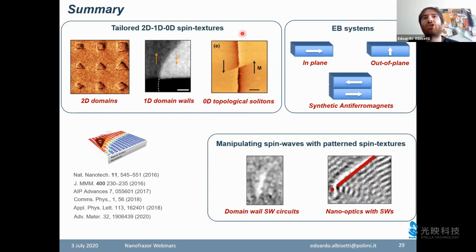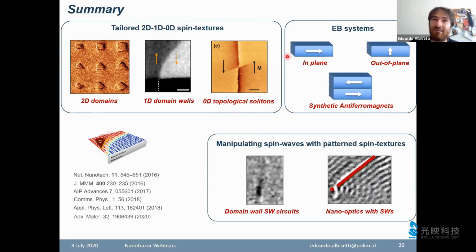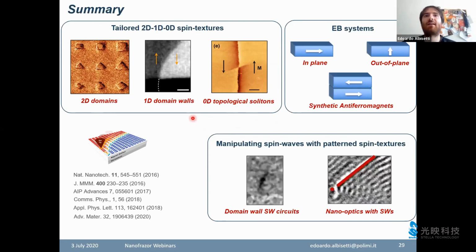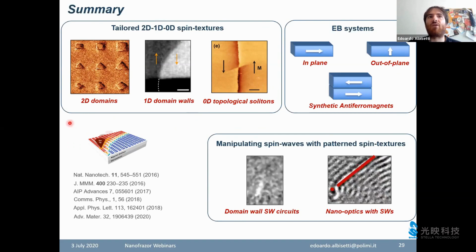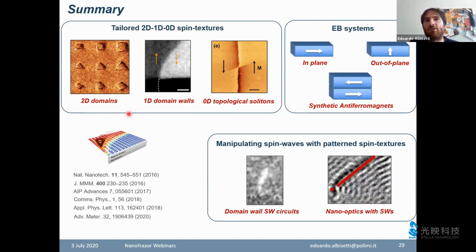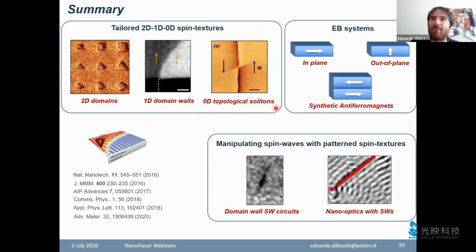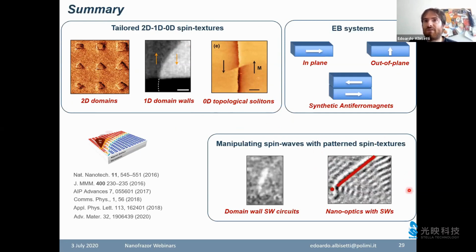By controlling the shape and the geometry of the patterning field and the shape of the patterning area, we can also control the types of textures that you can write, ranging from two-dimensional domains, to one-dimensional domain walls, and to zero-dimensional topological solitons with a deterministically defined topology. And the application that I showed you was about spin waves.